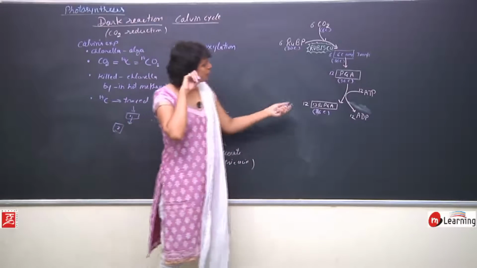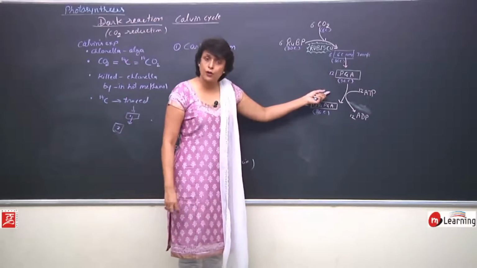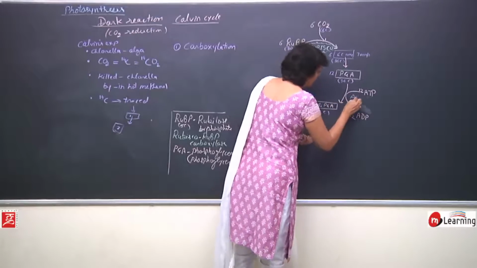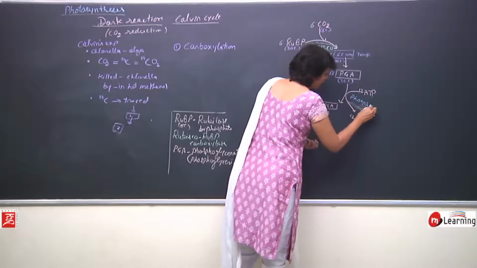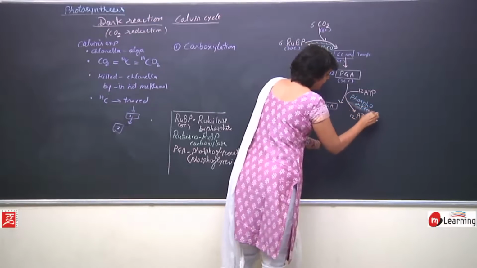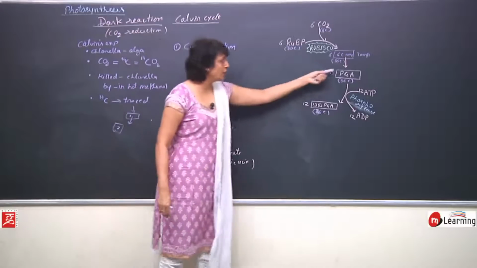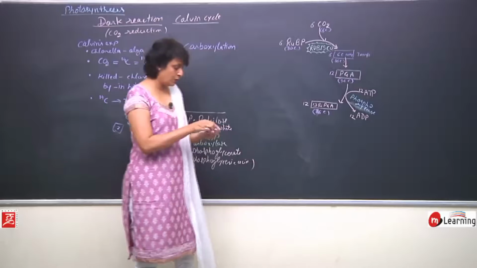The enzyme which is going to help here is a phosphorylase. It can also be called a triose phosphorylase because both are 3-carbon compounds.